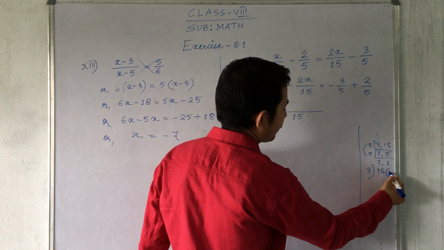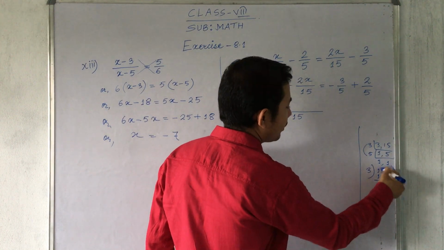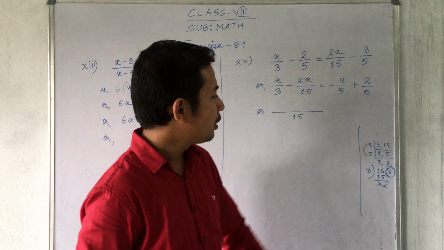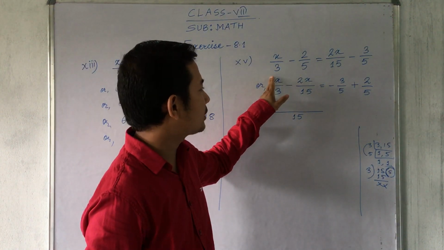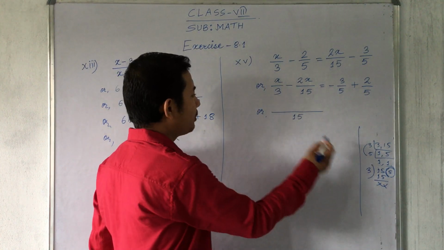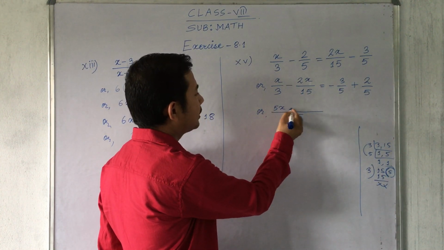By this 5 we need to multiply this numerator, this x. If you multiply by this 5, what will it be? It will be 5x, right?